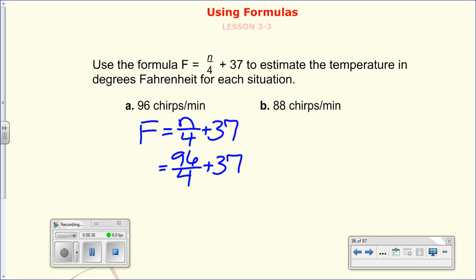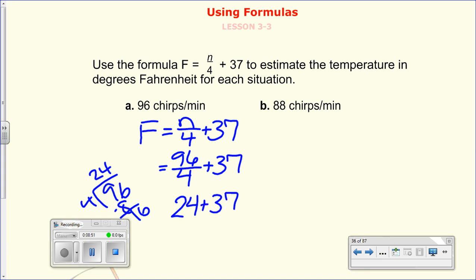Well, 96 divided by 4, 4 goes into 9 twice, and that leaves me with 16, so 24 plus 37, and if you add that together, you get 61 degrees Fahrenheit. And again, when it's a word problem like this, you do need labels. So it is 61 degrees Fahrenheit.